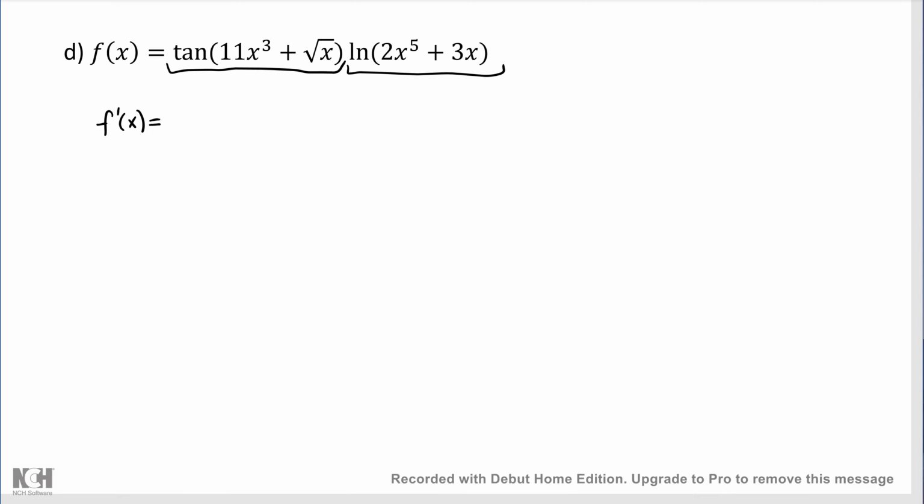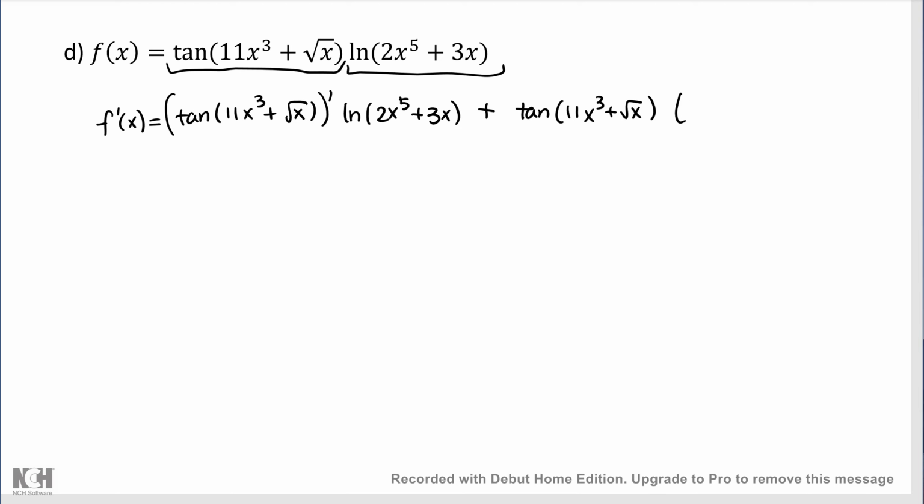So here, something times something, product rule is the first guy prime times second guy plus first guy times second guy prime.